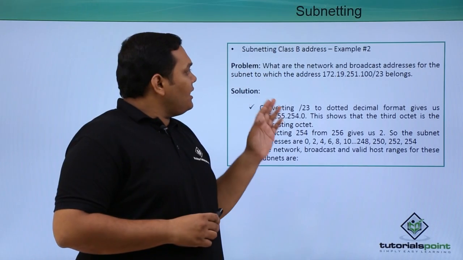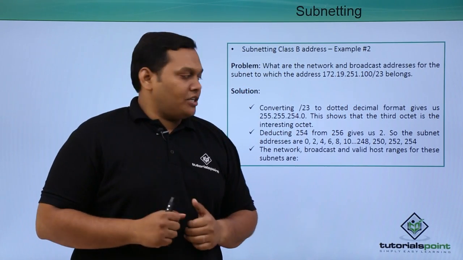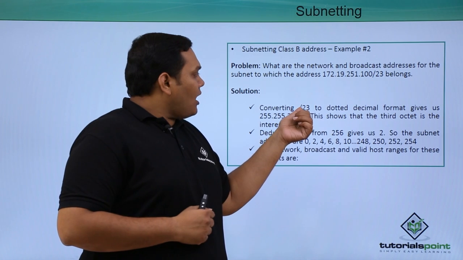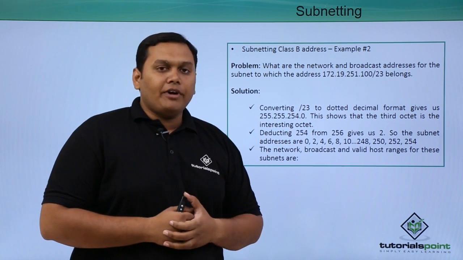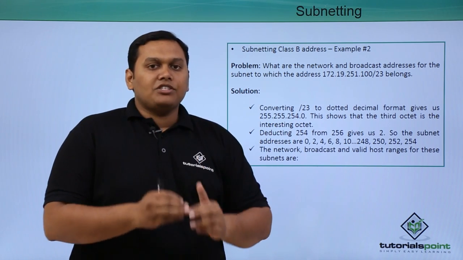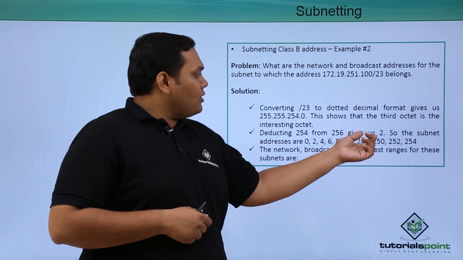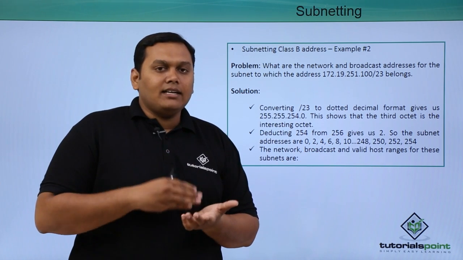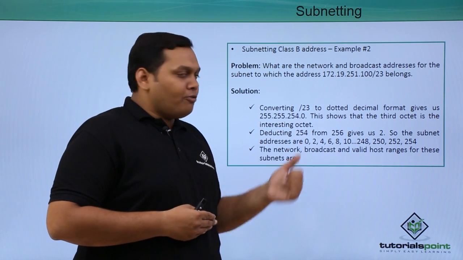The next example is similar but with /23 in notation. After converting /23 into decimal format, it gives you 255.255.254.0. Here 254 is the interesting octet, and it gets deducted from 256, so that you get 2. So it can be calculated as 0, 2, 4, 6 and so on till 254.